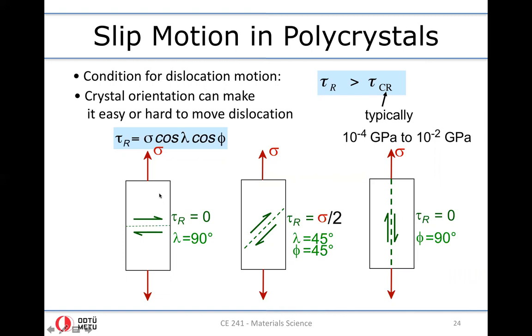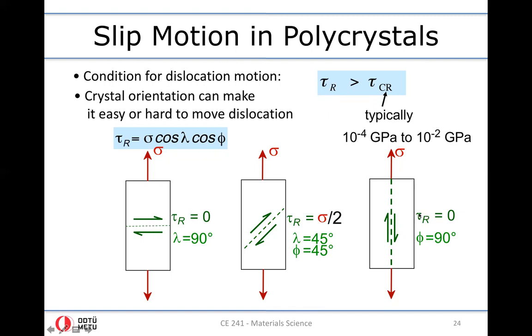As I said in the beginning, if the applied stress is perpendicular or parallel to the slip direction or slip plane, it would result in a zero Schmidt factor, because one of the angles will be 90 degrees. Therefore, in the first and the third cases, it would be impossible to generate plastic flow. In this case, the component of the normal stress in the slip direction is zero. Therefore, the resolved shear stress is zero.